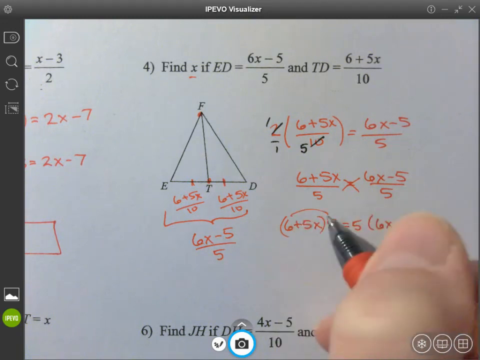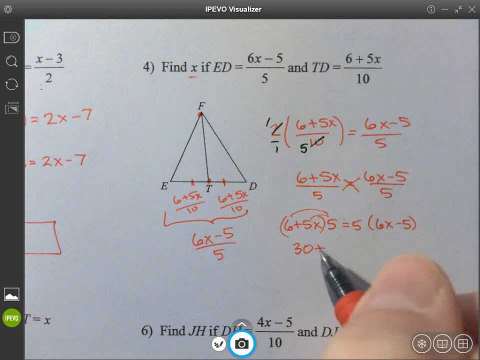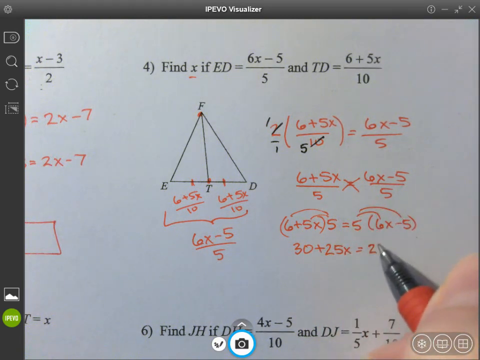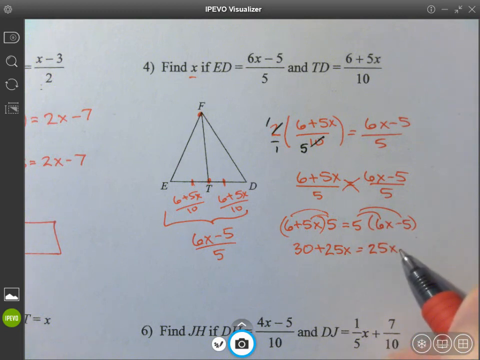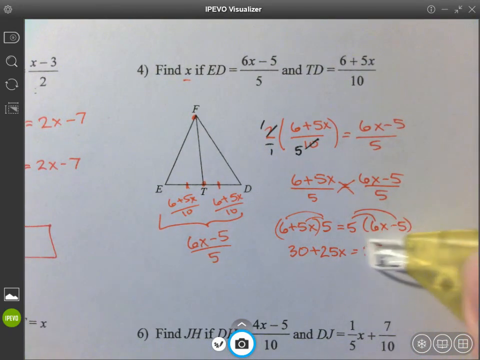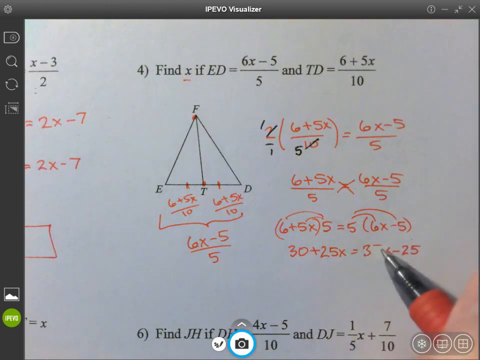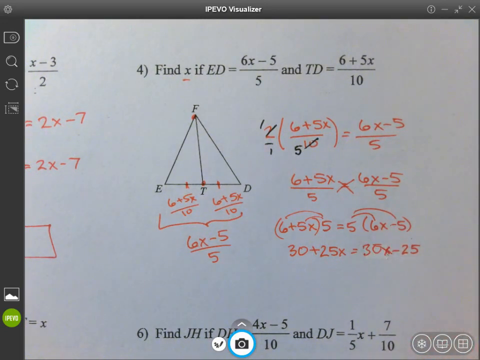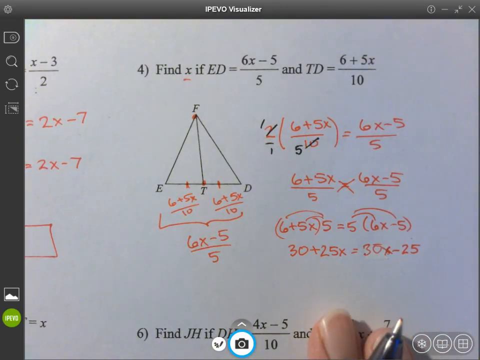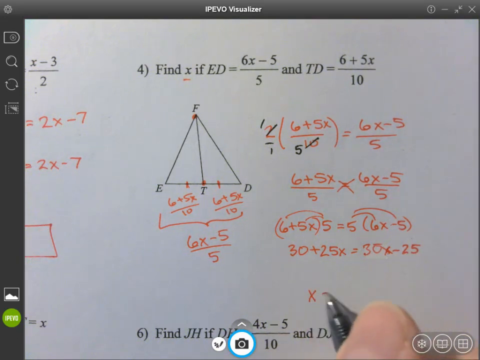So you're going to distribute and get 30 plus 25x equals 25x minus 25. Oh, I was going to say that doesn't work. Hold on. That should be 30x. Good thing Mr. Adams is here. All right, that would be, because otherwise it wouldn't have worked. You would have had no solutions. Okay, so you're going to finish that one up and solve and find the x.